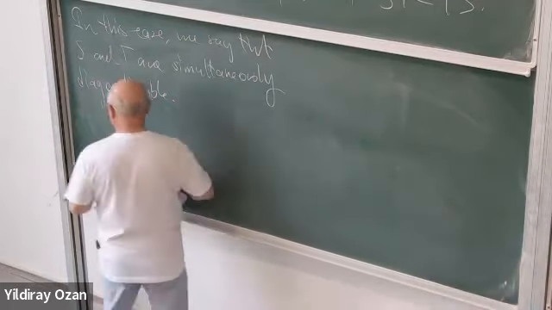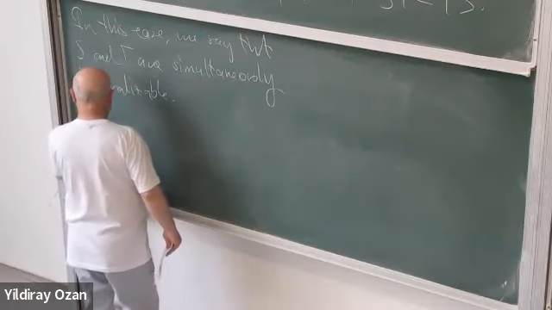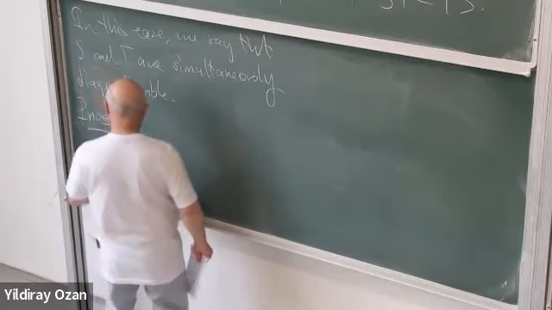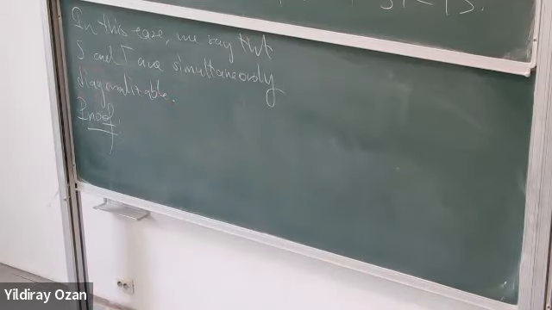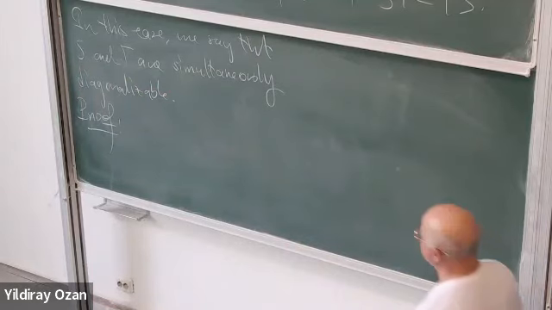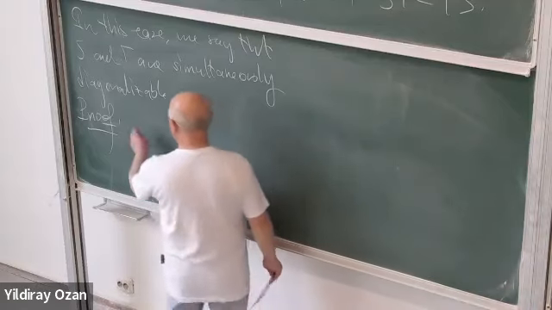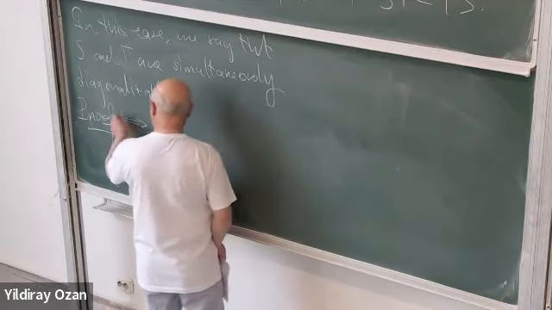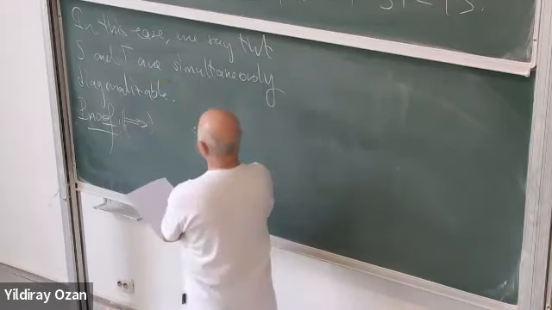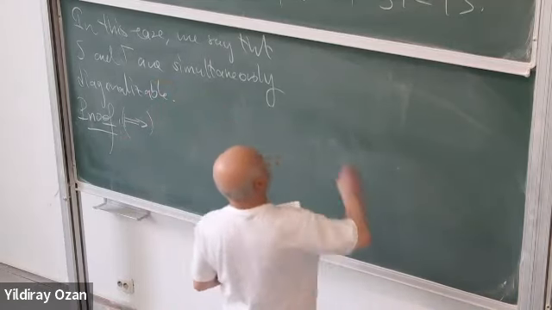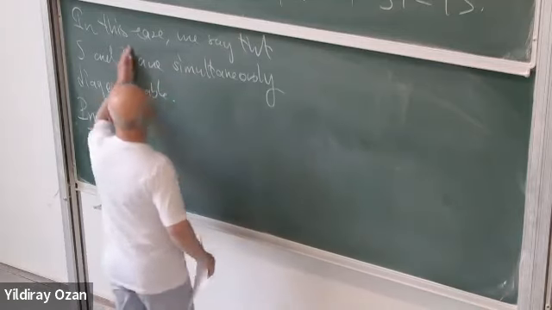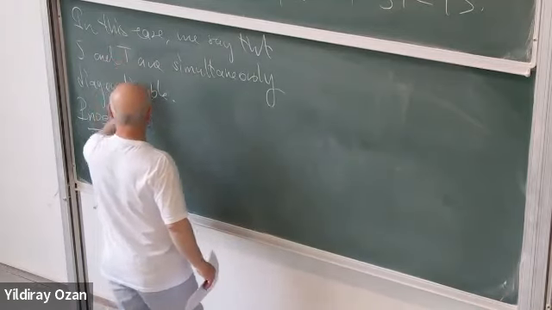Let's see the proof. So let's prove the first implication. So I assume that there's a basis which makes both S and T diagonal.